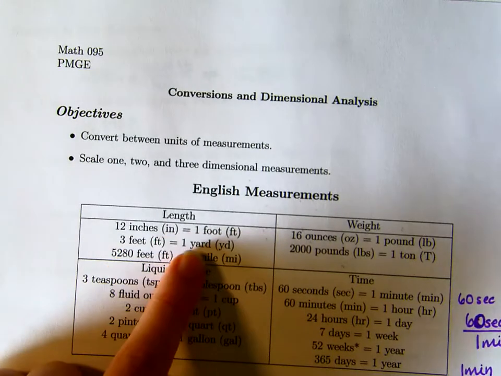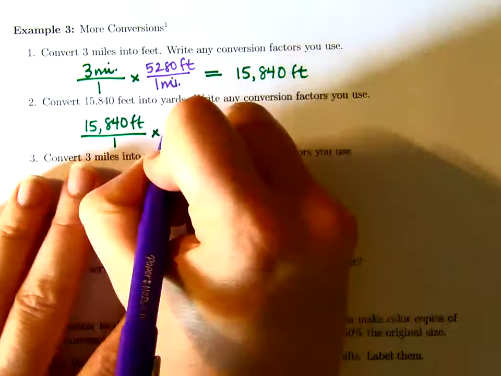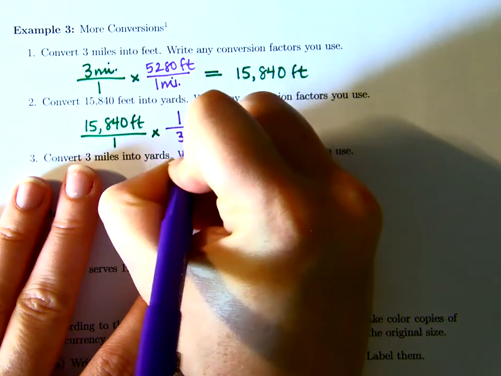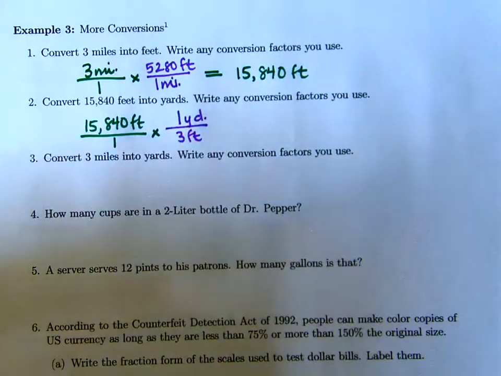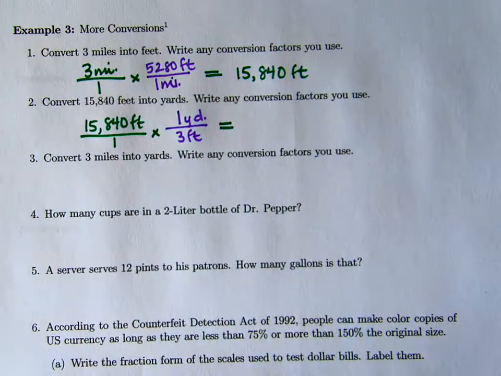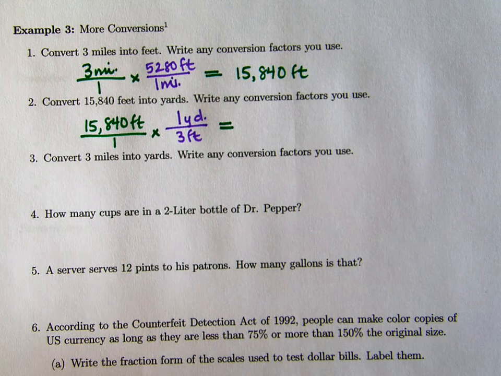There are 3 feet in each yard. So in each yard there are 3 feet. There's my unit ratio and my conversion from feet into yards. And it looks like I'm dividing.